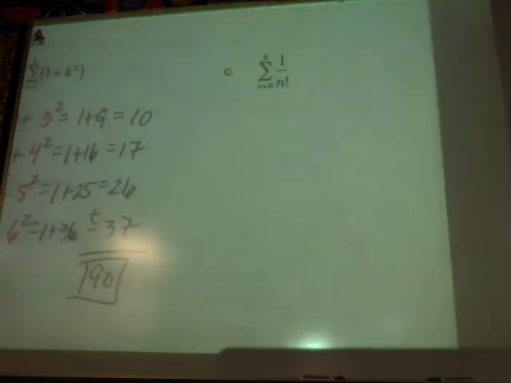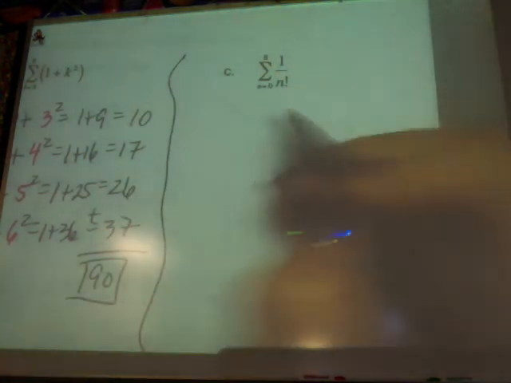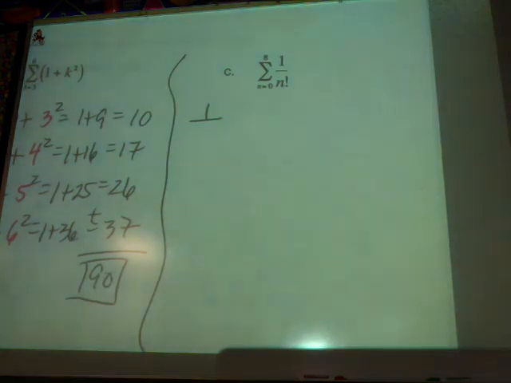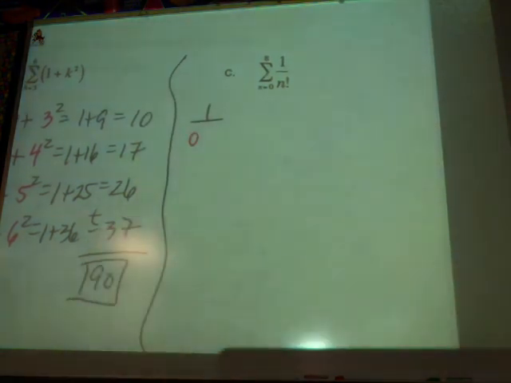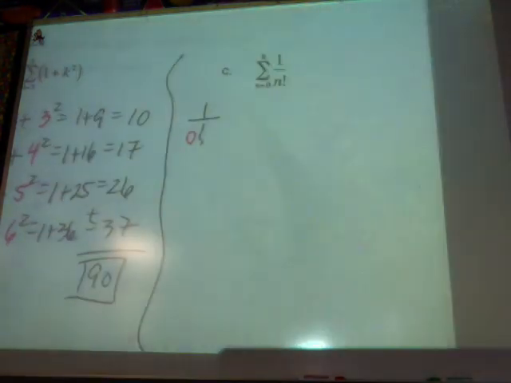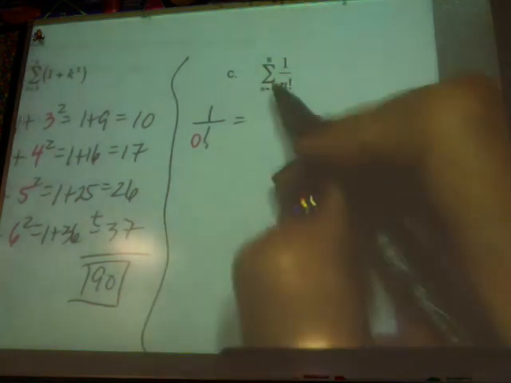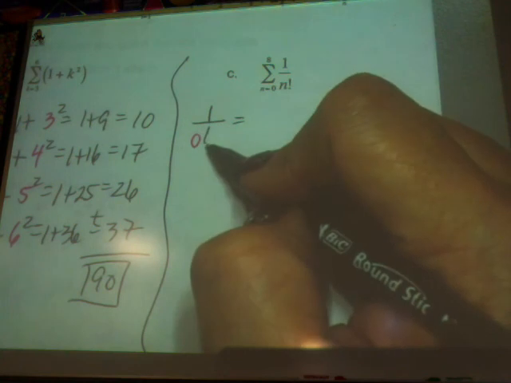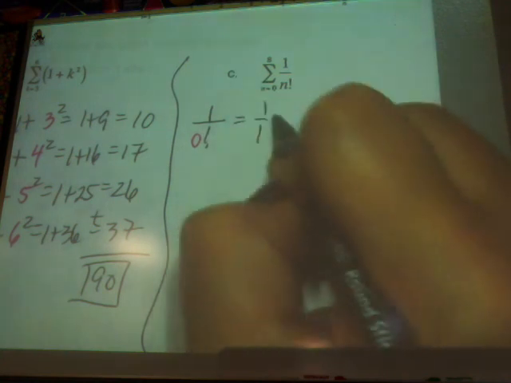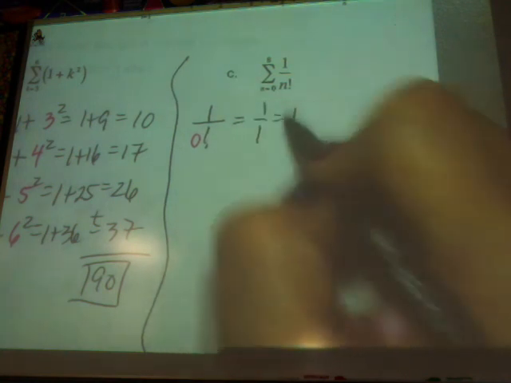This one's a little different, isn't it? So we have a factorial in there. So we get 1 over 0 factorial, and we're going to go up to 8, right? This one gets fun. So what's 0 factorial? We have 1 over 1, which is 1. So there's one of them.